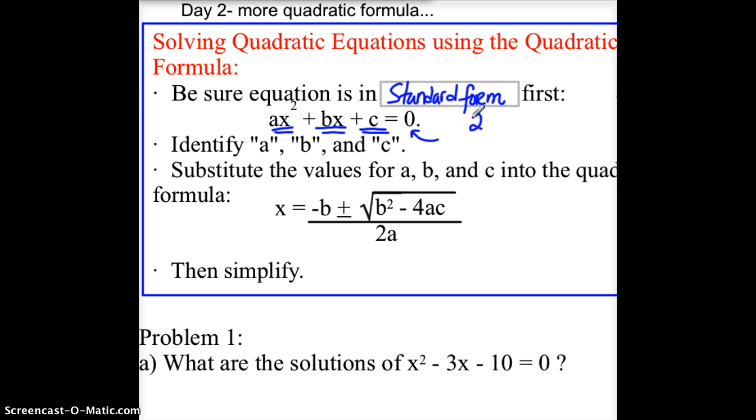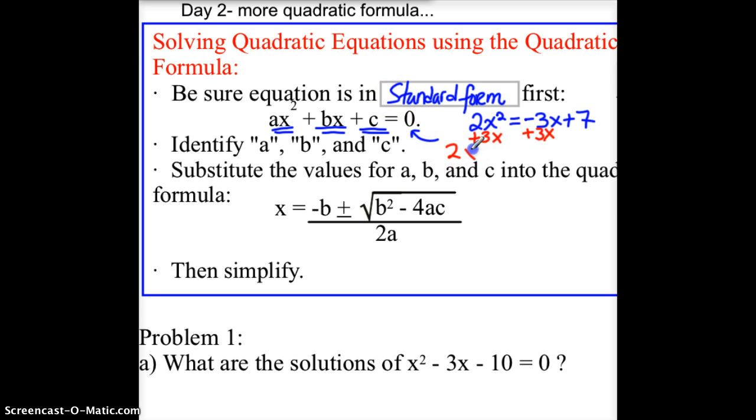Meaning, if you have, say, maybe 2x squared is equal to negative 3x plus 7, we need to get that right-hand side equal to 0, which means we're going to move the 3x over by adding it to both sides.